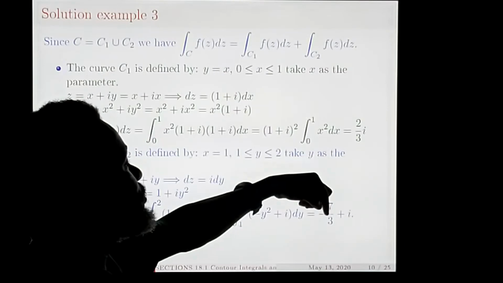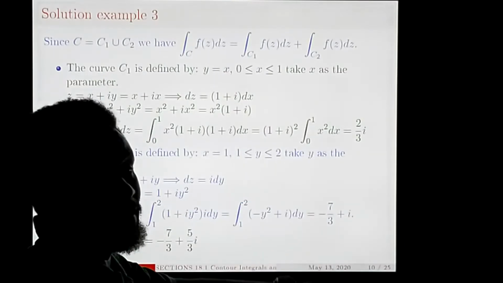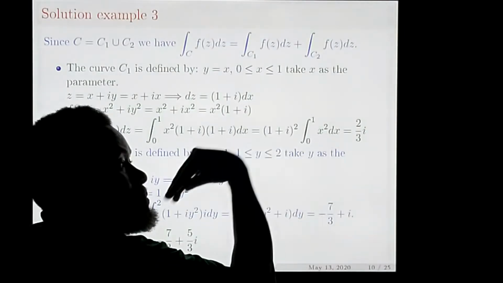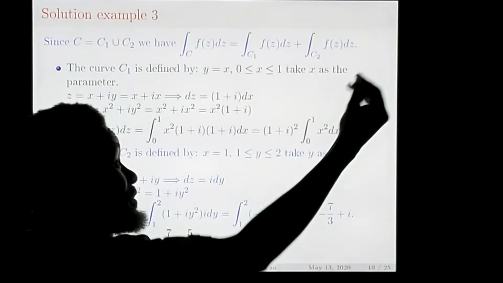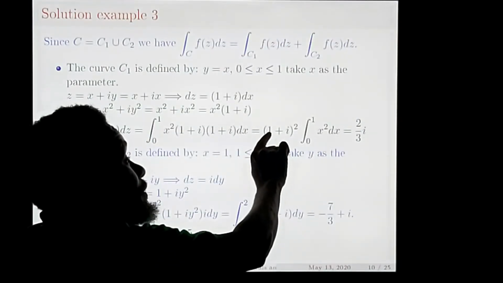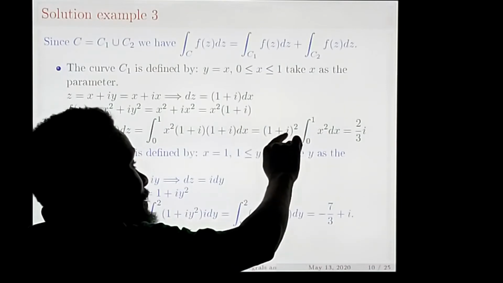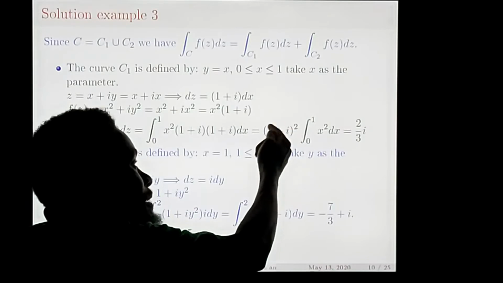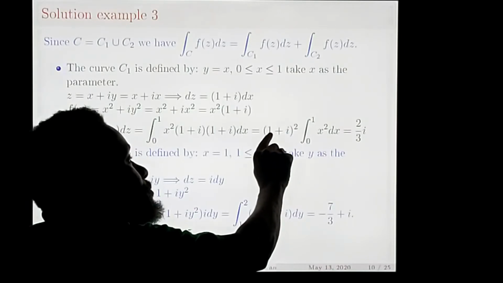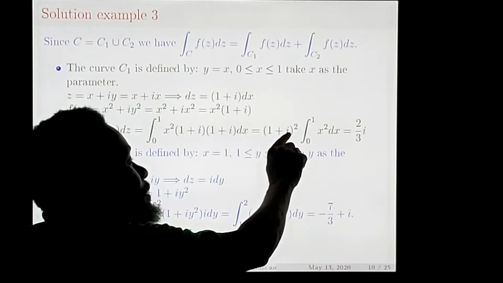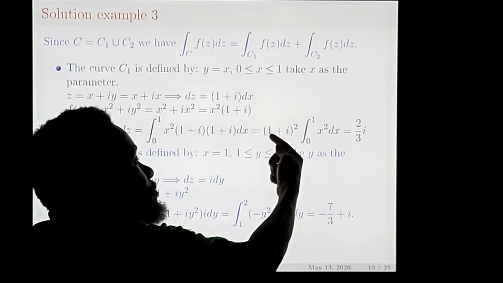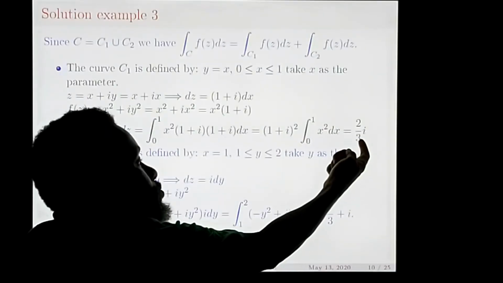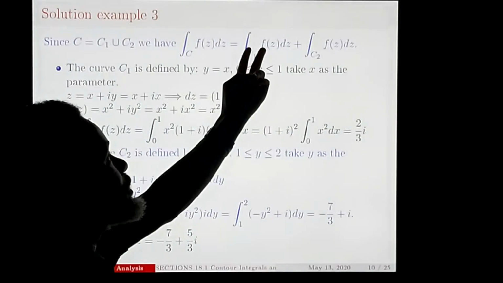When you plug in the interval, you just have 1 over 3. Now, 1 plus i squared, remember from 17.1, 17.2: this is 1 times i is i, and then i times 1, so you have 2i. Squaring this, 1 minus 1 plus 2i, you just get 2i. So 2i times 1 over 3 is 2 over 3 i. So this integral is finished.